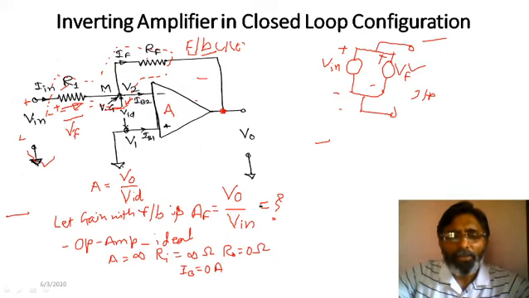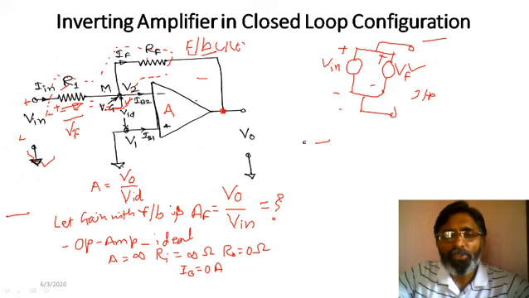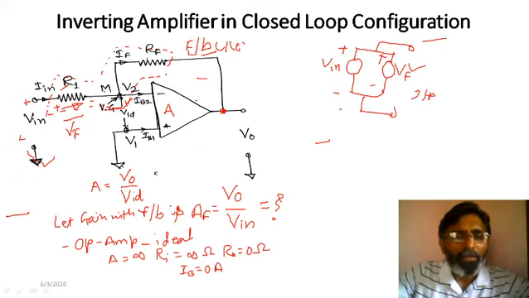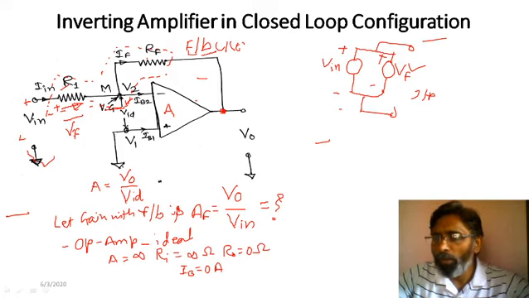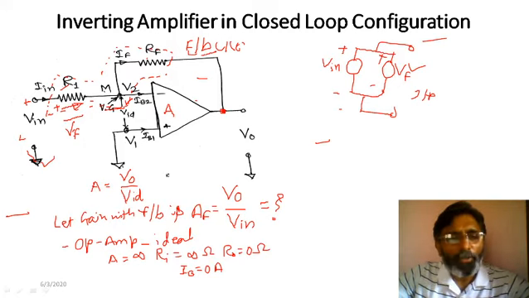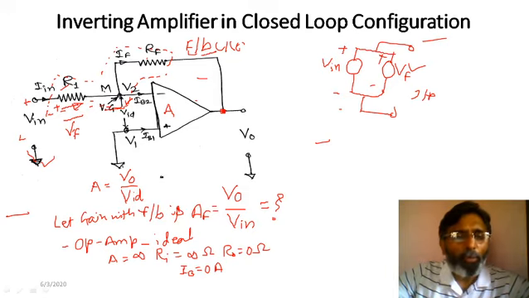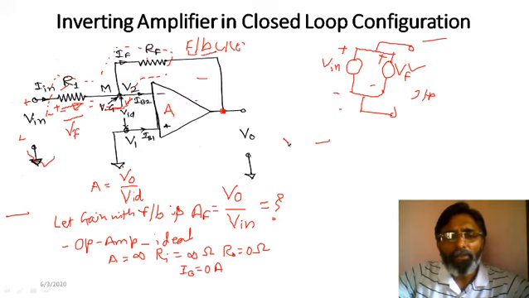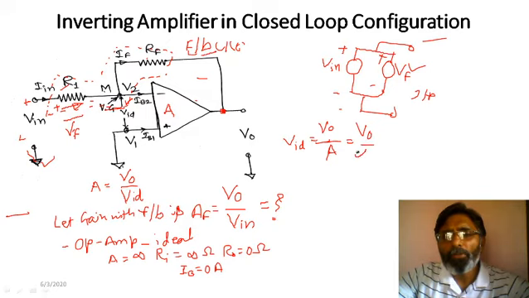Now as we have seen in this equation, A is equal to VO upon VID. If my op amp is ideal, then my VID will be equal to VO upon A. But A is infinity, so this will be VO upon infinity, which is 0 volt.